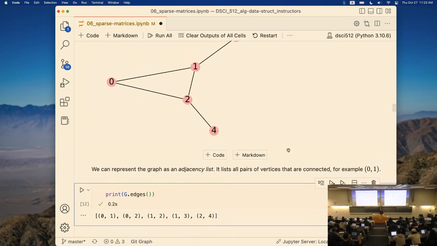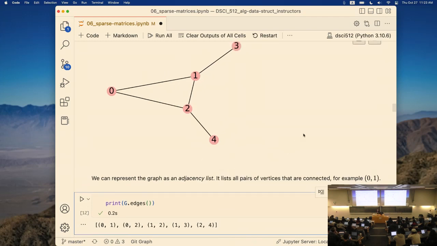So what would be a problem with this particular representation? Yes? There could be directionality if you want. For example, if you have 0 and 1, and you also have 1 and 0, that means it's bidirectional, or if you just have one of those, it means that it goes from one direction to the other.